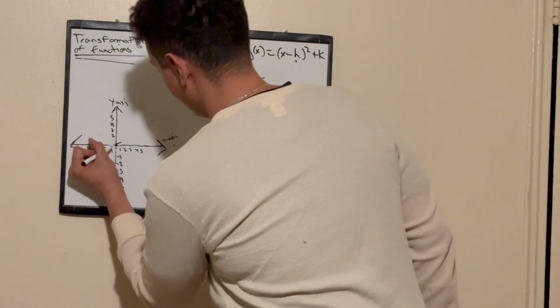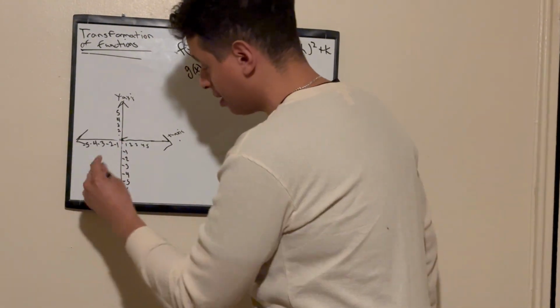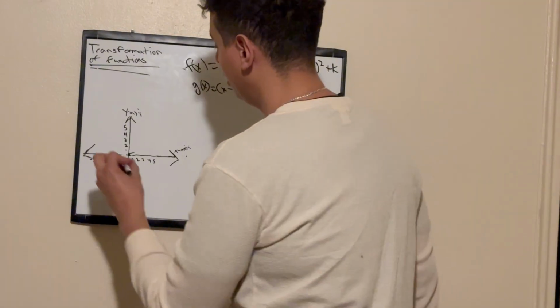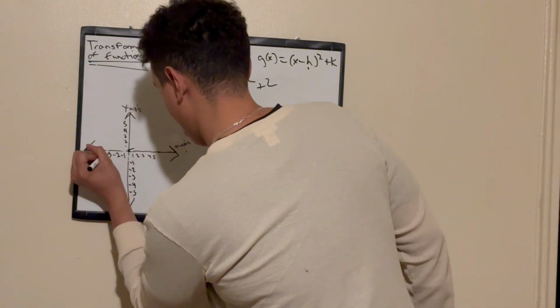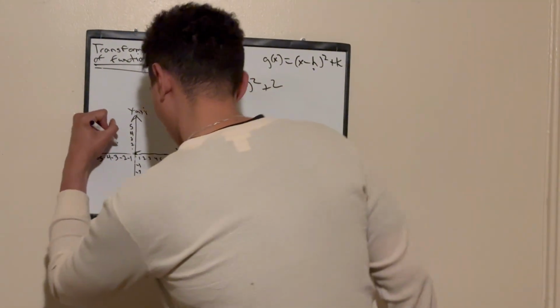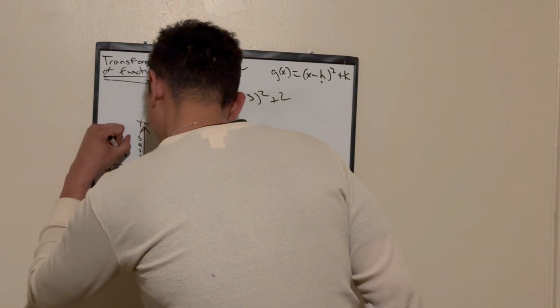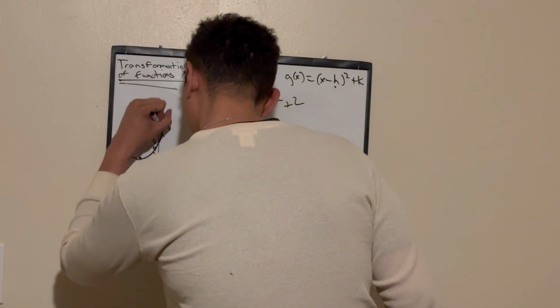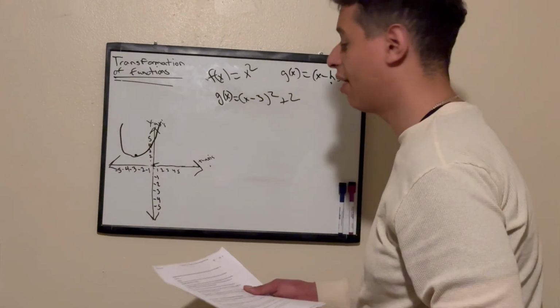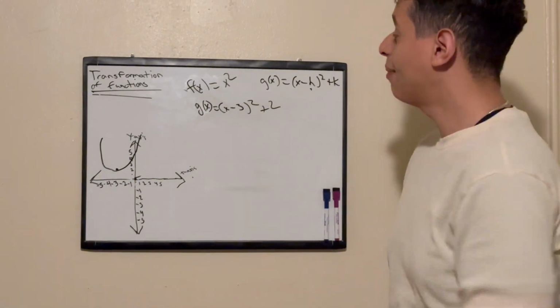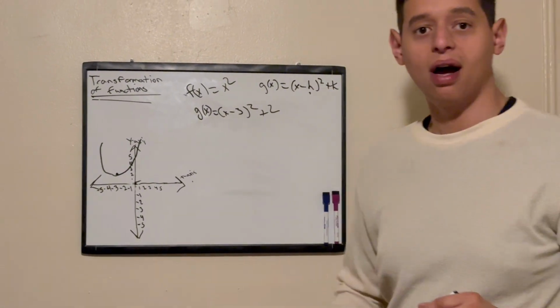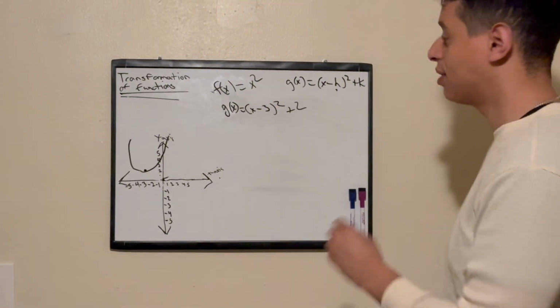So now the new vertex, which is the point of the parabola, is now (-3, 2). So we will put the vertex shifted over here, and now we have a brand new parabola in a completely different area. Now, let me show you another equation involving the square root.